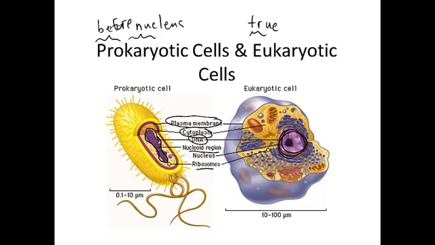Also notice the size of the cells. Prokaryotes are smaller. They only go up to about 10 micrometers. Now with prokaryotic cells, really what we're talking about is bacteria. And eukaryotic cells, these would be our animal cells, our plant cells, also fungal cells.